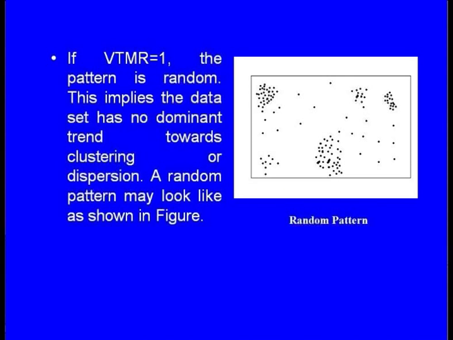Here one may see that there are some regions where there is a concentration of points, whereas in some regions there is a sparse layout of points, that is, the density is low. So, one may not be able to give any concrete conclusions regarding the distribution of the points, and thus this is a random condition.